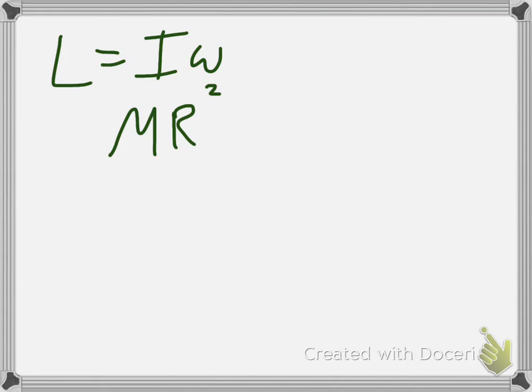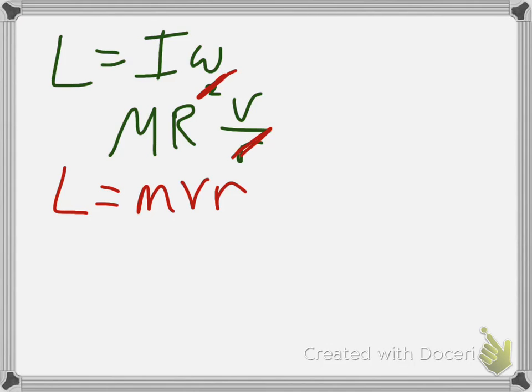And omega can be rewritten as the velocity divided by the radius. And what that will do is allow us to cancel out one of these and leave us with that alternate definition of angular momentum, which is just mvr.